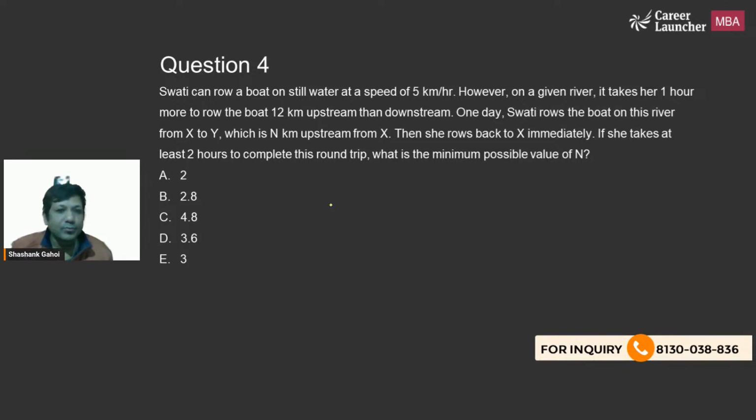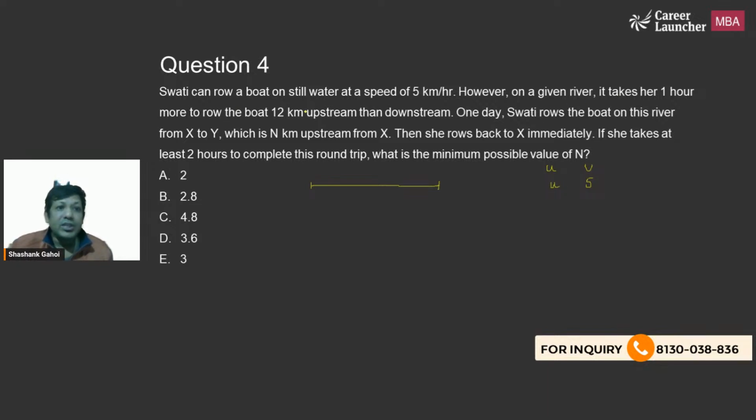Okay, fair enough. So basically, what is happening? Swati can row the boat in still water. So basically, when we talk about boats in stream, we have two values. One is u, second one is v. u is the speed of the current, v is the speed of the boat. So Swati has a speed of 5. What is the speed of current? I don't know, so let's take it as u itself.